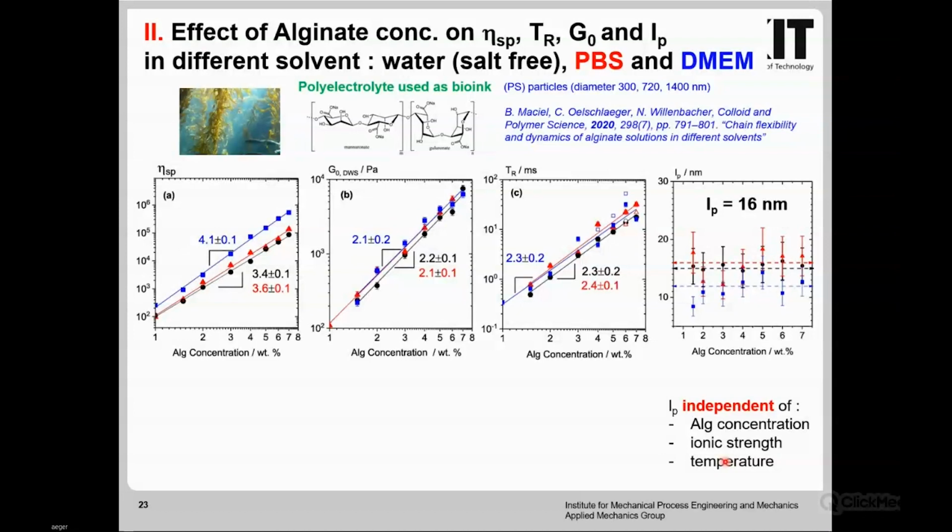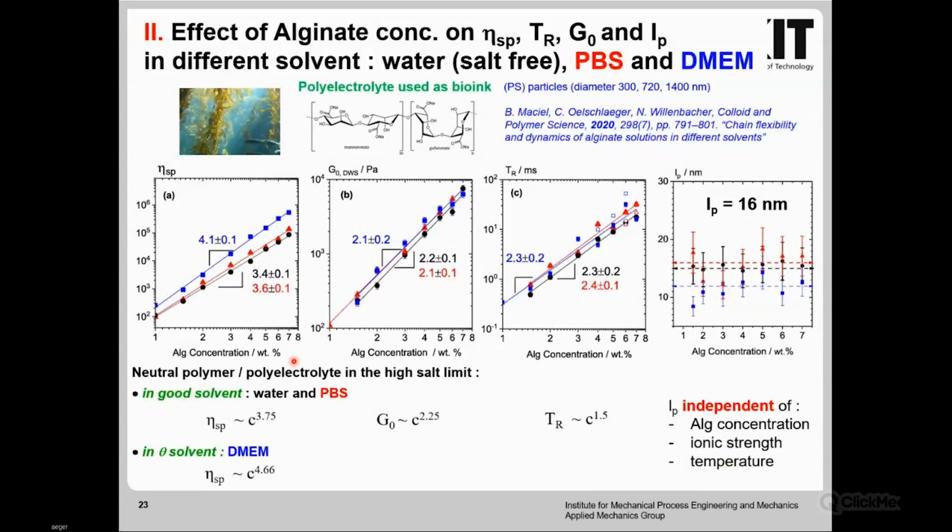But we found differences in the conformation. We also compare the scaling laws obtained for the specific viscosity between the three different media. The blue one is for DMEM, the red one is for PBS, and the black one is for water. You see that in water, the alginate behaves with an exponent close to what is expected for a polymer in good solvent.